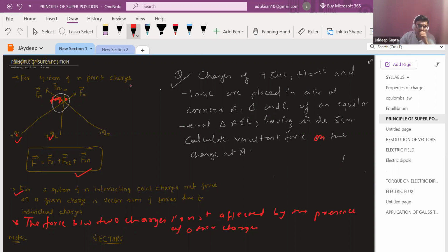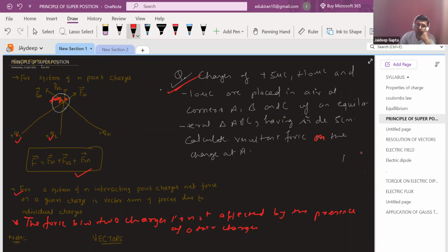Done, Iram? So I'm noting the question. Just a minute. Look, there are three charges, 5 microcoulomb, 10 microcoulomb and minus 10 microcoulomb, placed in air at the corners A, B, C of an equilateral triangle having side 5 centimeter.